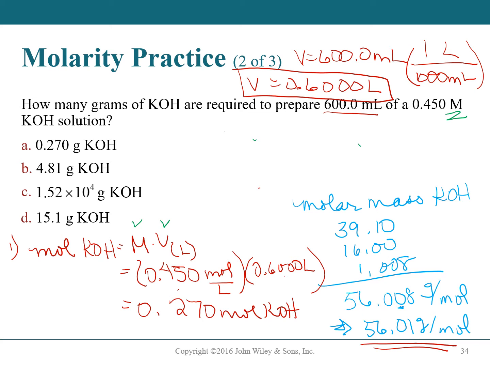So we have 0.270 moles of KOH, and I know it's 56.01 grams for every 1 mole of KOH.